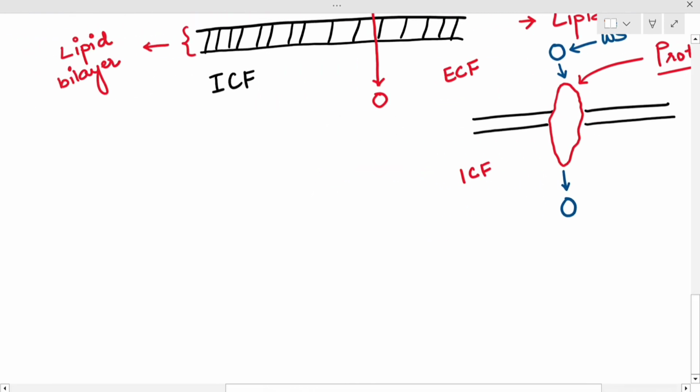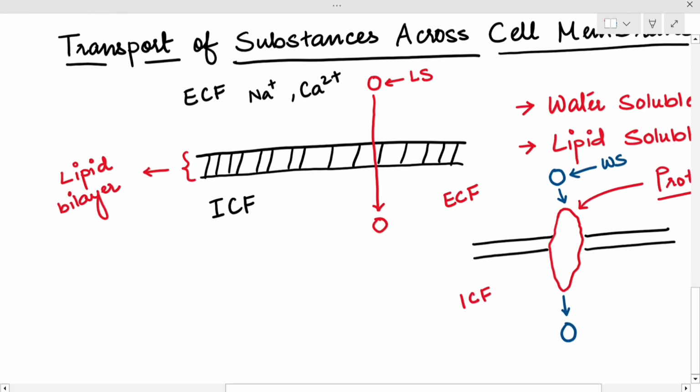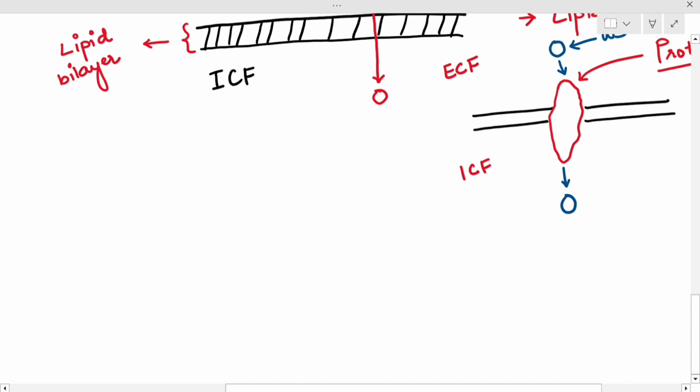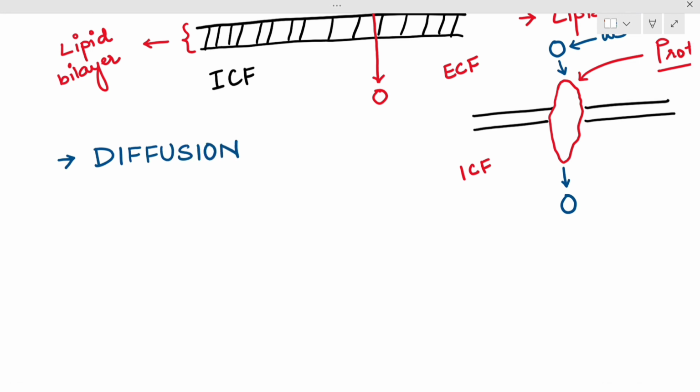Okay, fine. So now we know how lipid soluble and water soluble substances get transported into the cell. Now this transportation of substances into the cell takes place by the process known as diffusion, and the other one is active transport.